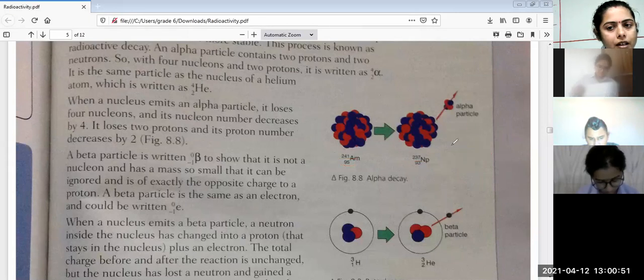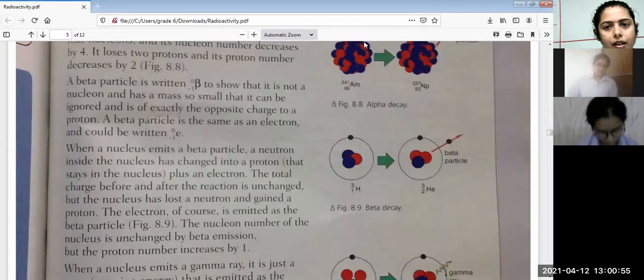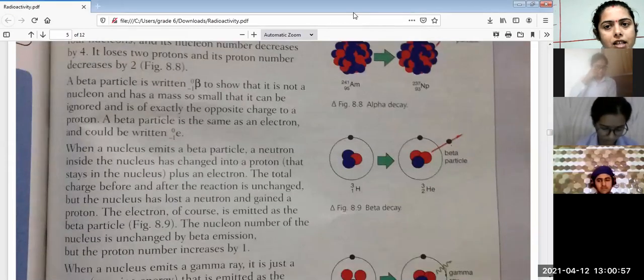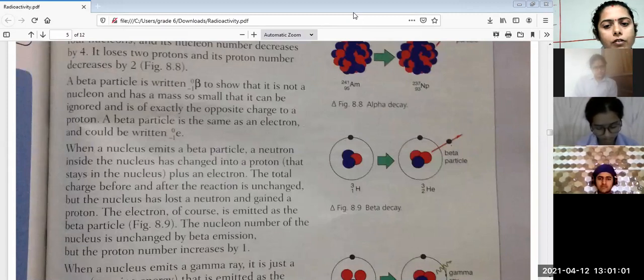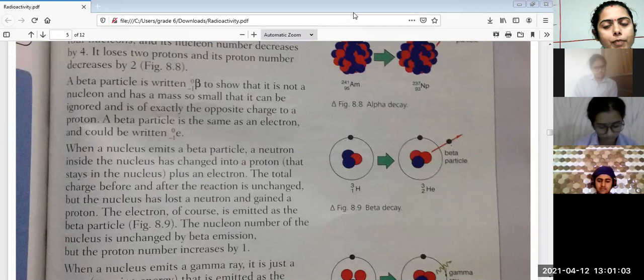Fine. Similarly, you are going to talk about the beta decay. In beta decay, it is just like the electron where there is just the removal of, sorry, not the removal of, but the gain of. Fine.